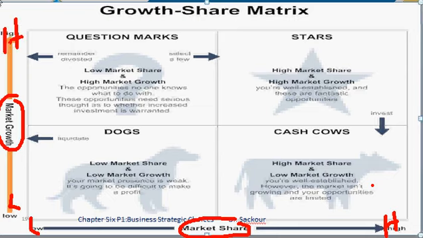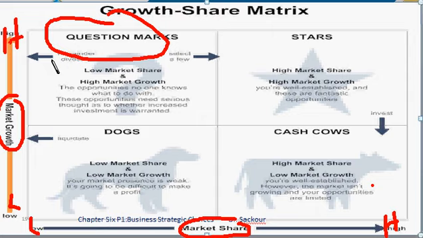Meeting together, facing them together, we have 4 areas. We got this area, the question marks, where our market share is low, but the market is growing. So we call this question mark.